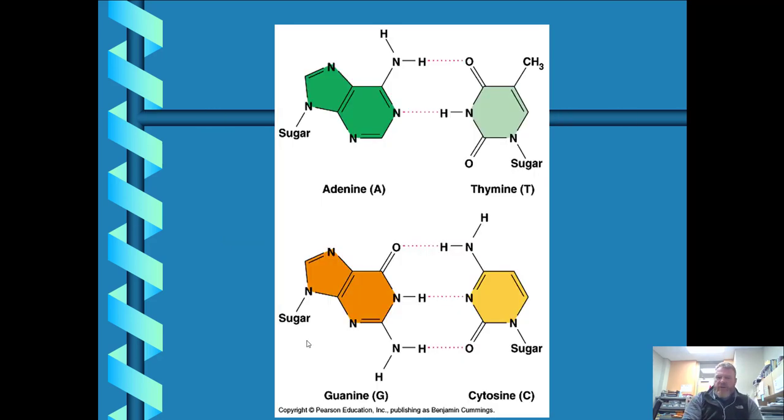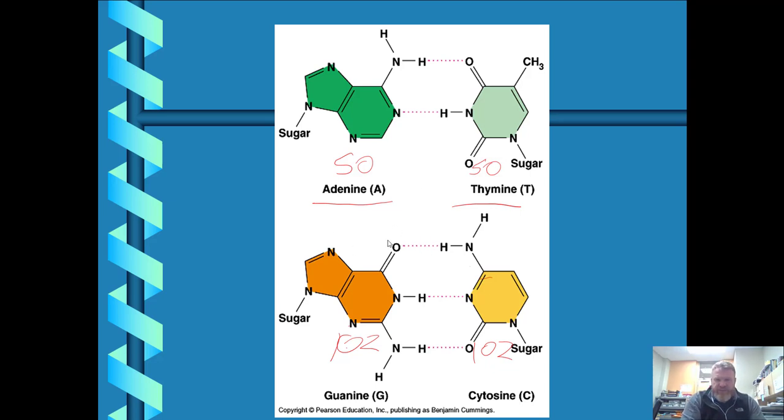Now, due to Chargaff's work, he showed that there had to be equivalent amounts of A and T and G and C. So if we have 50 A's, just for example, we have to have 50 T's. If we have 102 guanines, we have to have 102 cytosines, okay? Now, here's the reason.